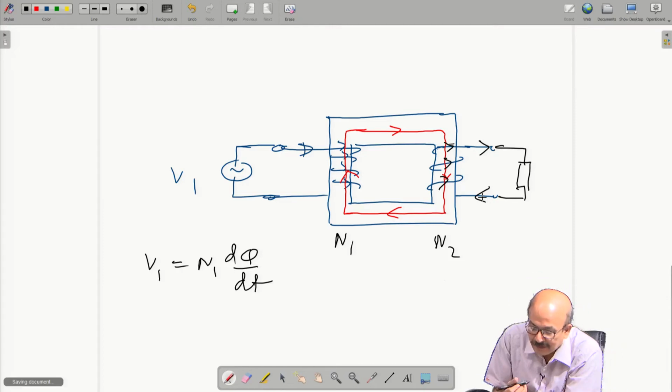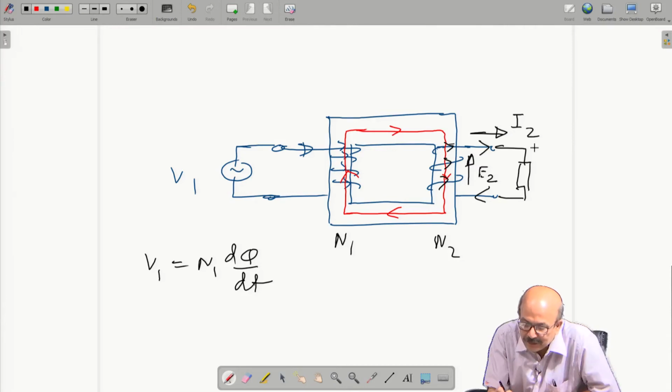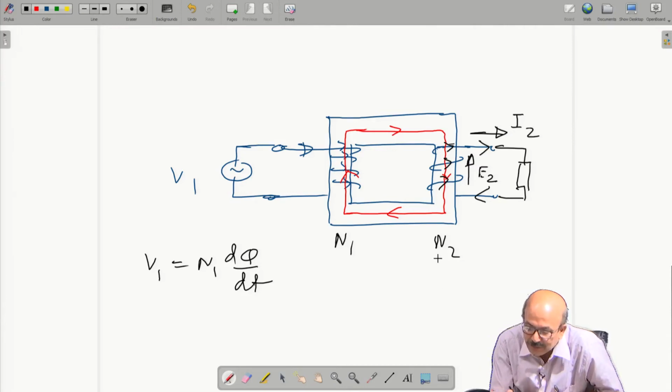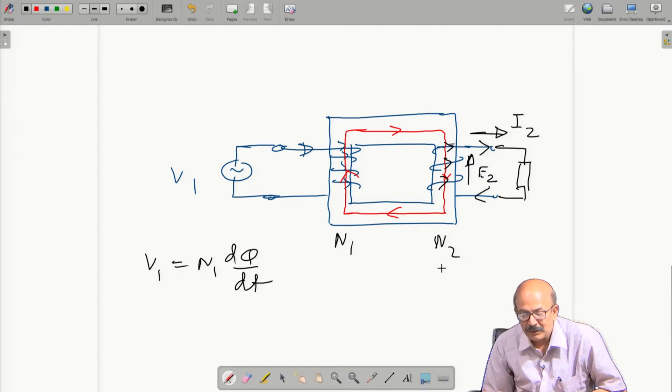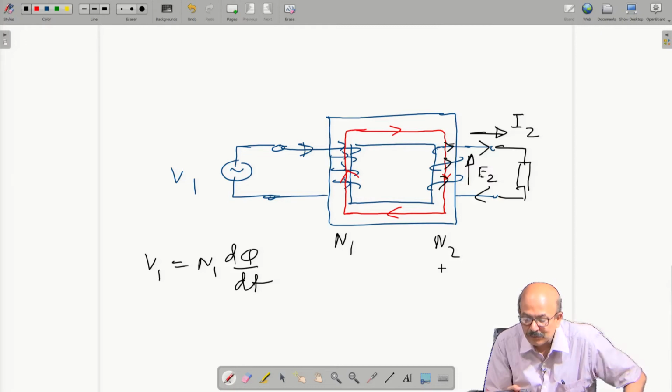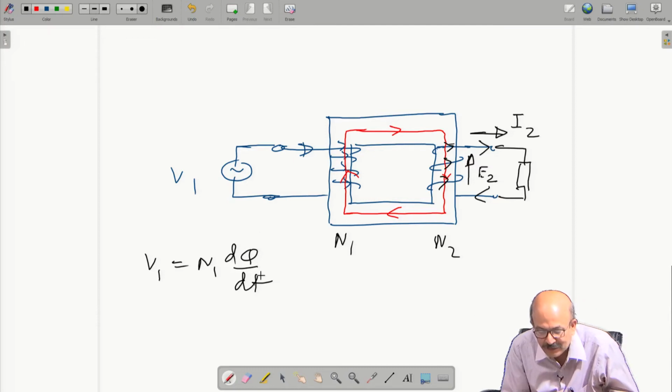Now we can imagine that my E2 is there, and my I2 is flowing like this. The moment I2 is there, an MMF will be produced, and this MMF will oppose the initial MMF. So the flux will try to decrease. But it cannot decrease, because V1 is N1 d phi by dt.